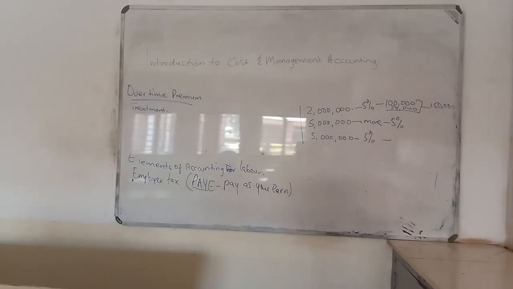And then we talked about idle time. We said that idle time can be paid. What is idle time? Maybe I should ask for the second time. What is idle time? It's when the employees should work, but they are not working, maybe because the machine is not working or something, but they should work.